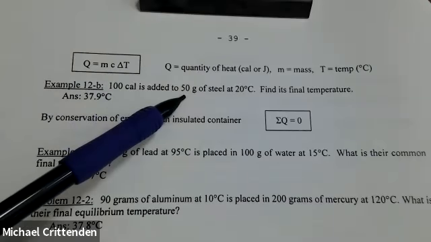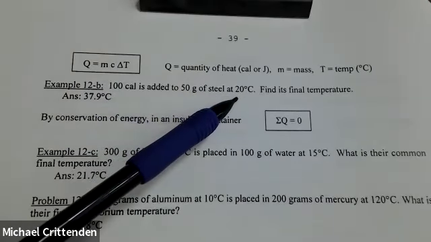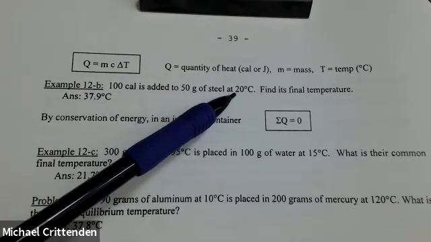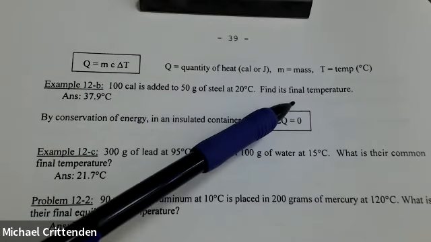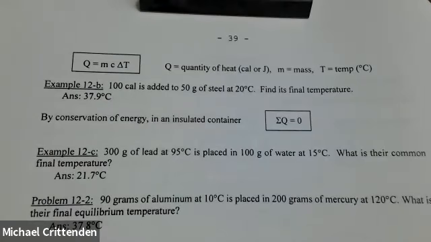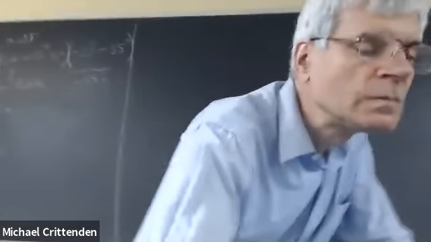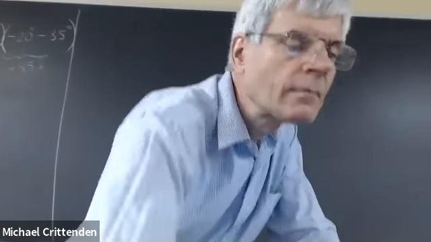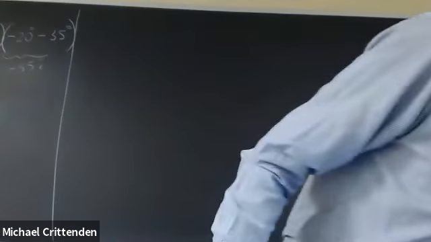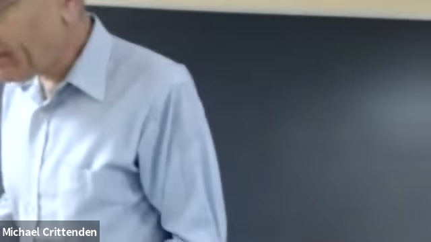So we got 50 grams of steel, and it starts out at room temperature, and we're supposed to figure out how warm it is after that energy has been added to it. 12B, I called this.